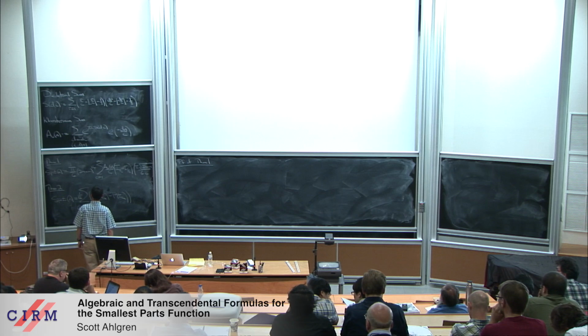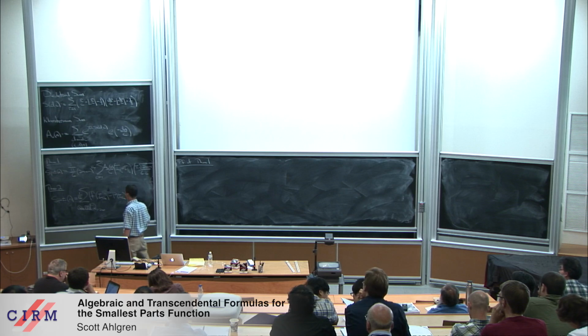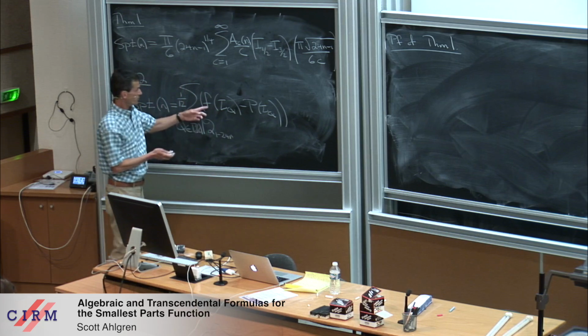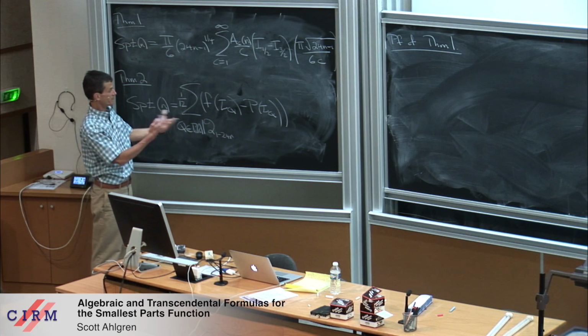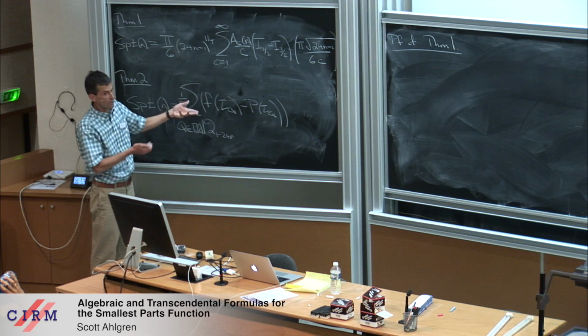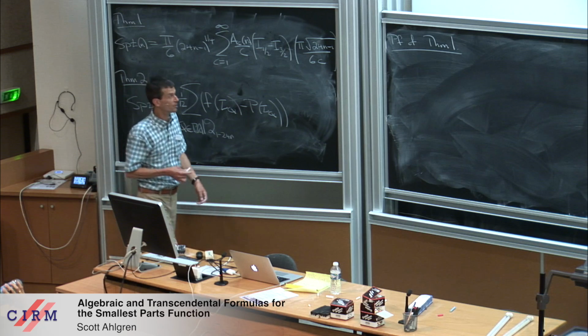We need some way to write down these values. So we construct Maass-Poincare series which want to be f of tau.